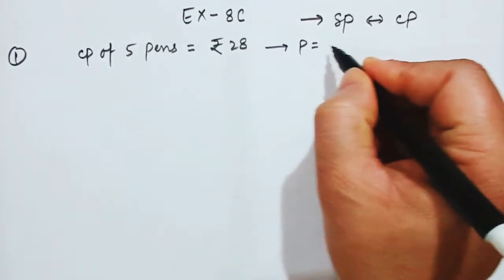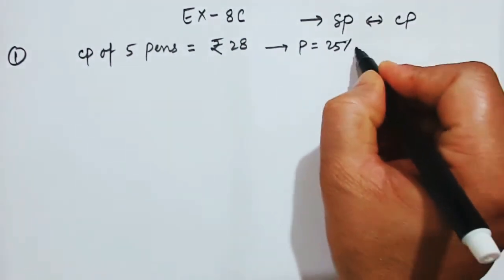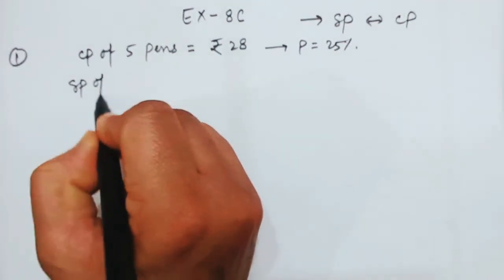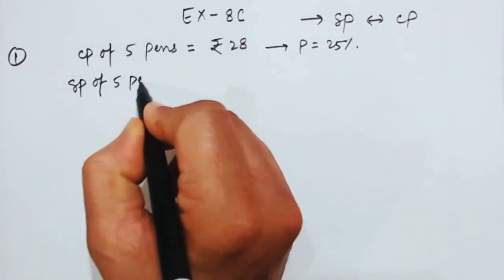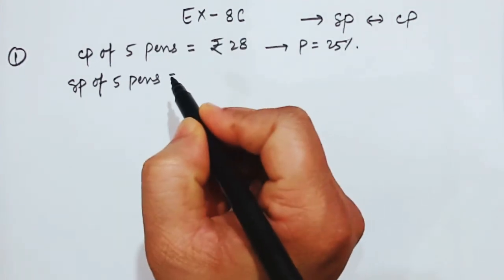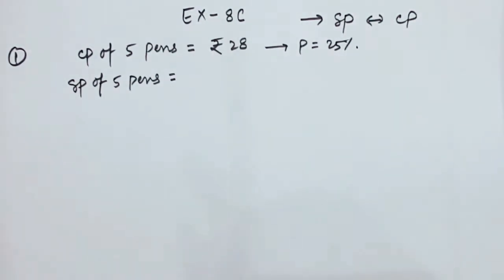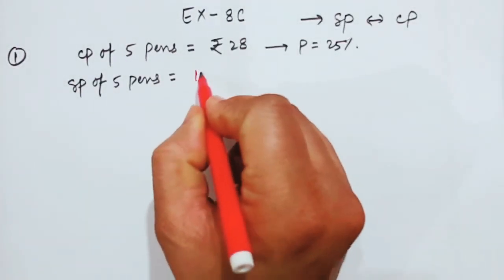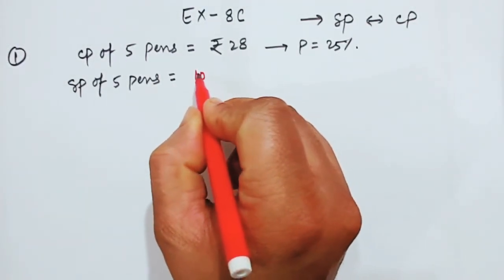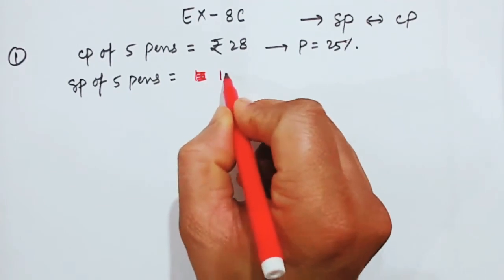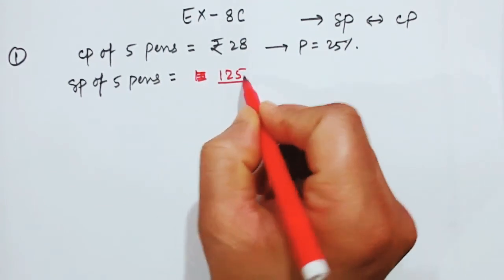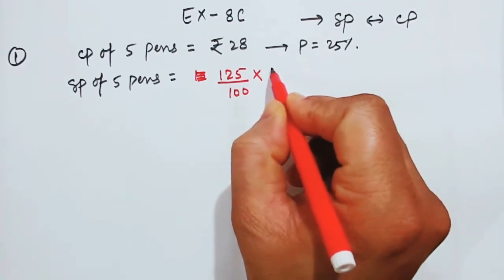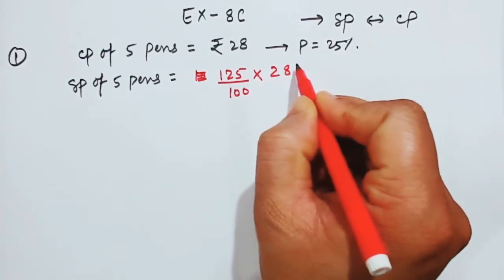So naturally, the selling price of 5 pens will be equal to how much? You know the formula: 100 plus gain percent by 100 into cost price. So 125 by 100 into cost price, which is rupees 28.